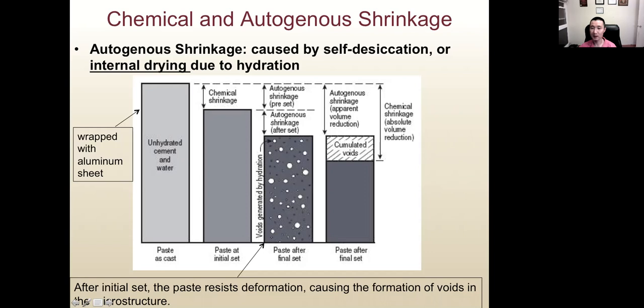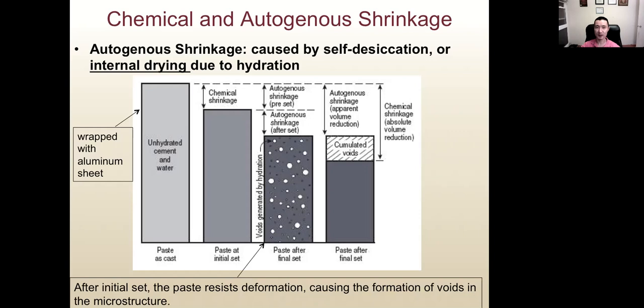And this part is called autogeneous shrinkage because this is the reduction in the total external volume due to chemical shrinkage. And autogeneous shrinkage plus this cumulative voids is equal to the total chemical shrinkage, which is the absolute volume reduction.